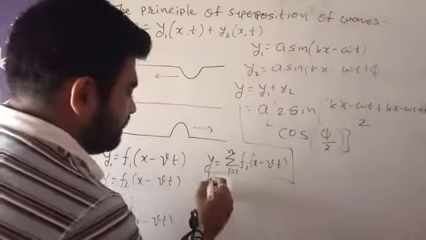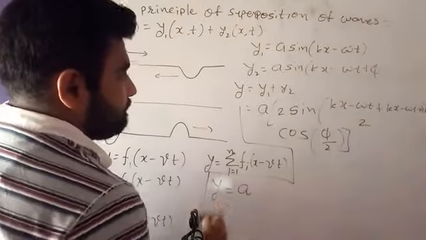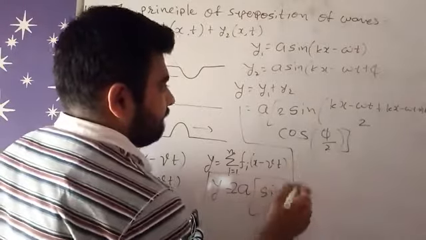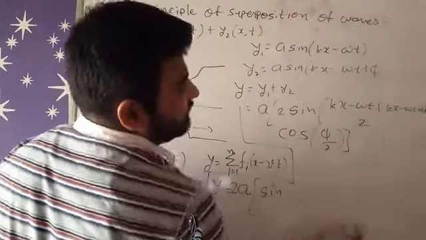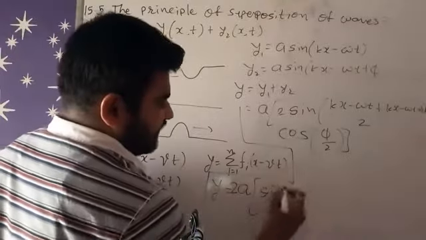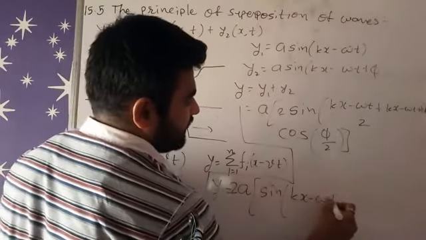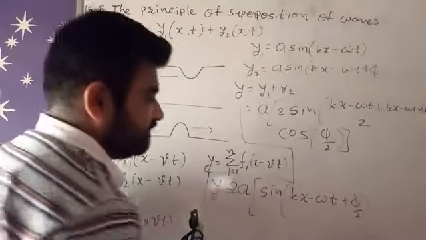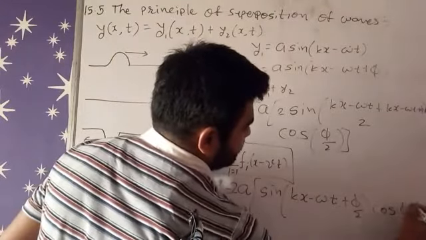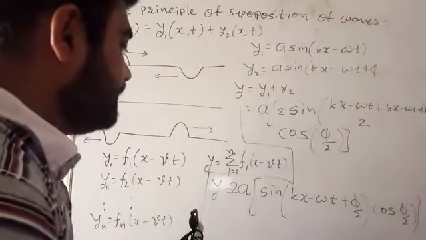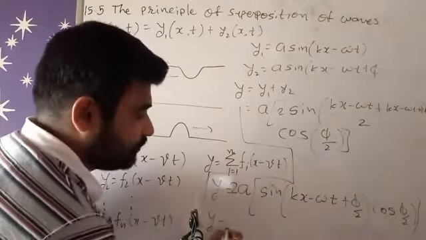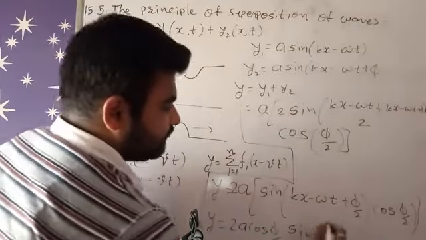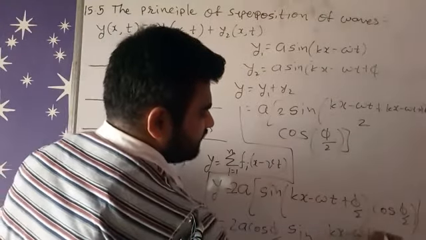Now what we have to do: y = 2a sin((2kx minus 2 omega t plus phi) by 2). So the 2 gets cancelled out, and we are left with kx minus omega t plus phi by 2 only. After that we have cos of phi by 2, right? So see here, y = 2a cos(phi by 2) sin(kx minus omega t plus phi by 2).